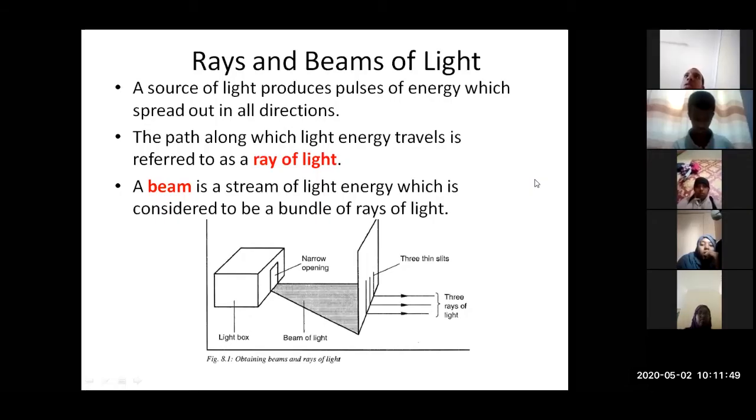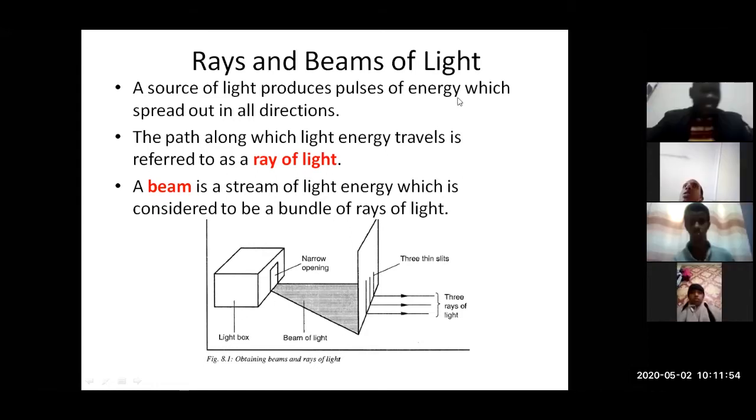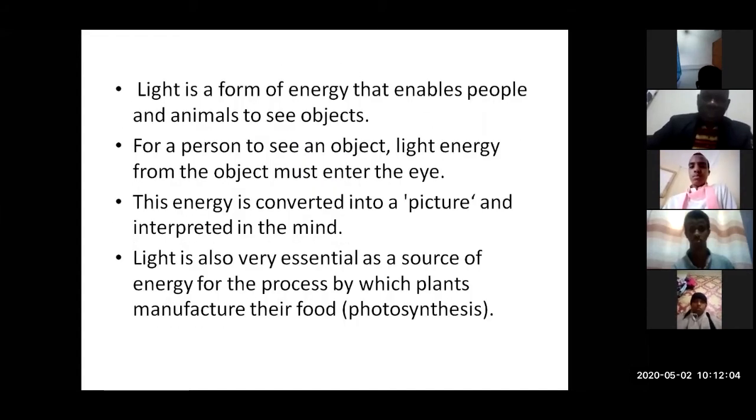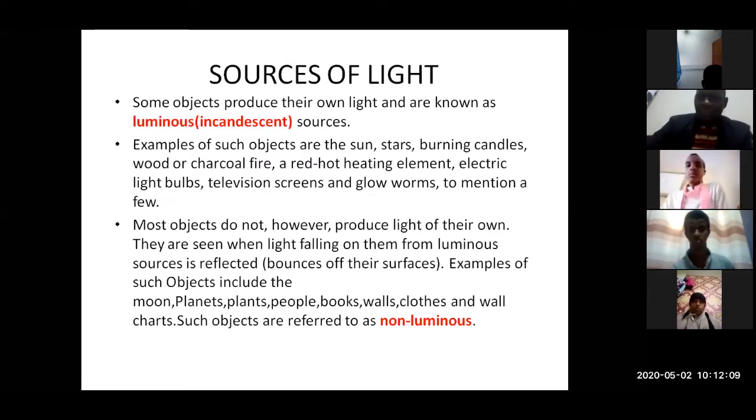Class. Last time we were able to start on rectilinear propagation of light. We were able to mention around six concepts related to properties of light.